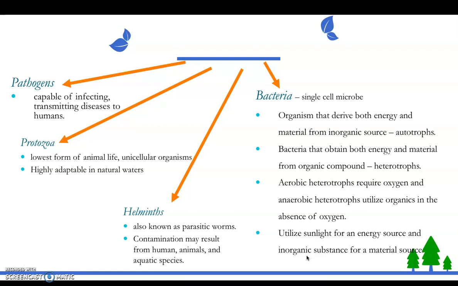Pathogens are capable of infecting and transmitting disease to humans. Protozoa are highly adaptable in natural water. Bacteria include aerobic and anaerobic bacteria. Helminths are also known as parasitic worms. The existence of these is what is described under the biological properties of water.